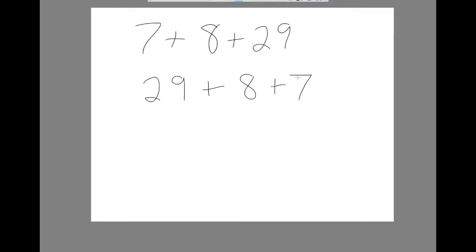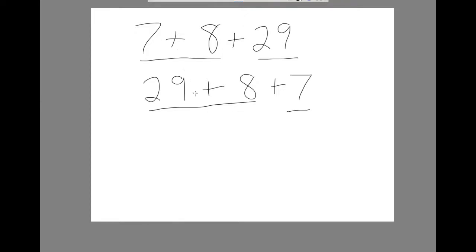That's the commutative property of addition. But in addition, what's occurred here is that up here, the order of this was first I would add 7 plus 8, then I would add 29. That's the order of operations. We work from left to right. Now here, the order of operations tells us we first add 29 plus 8, then we add 7. So we've changed the order in which things are added.